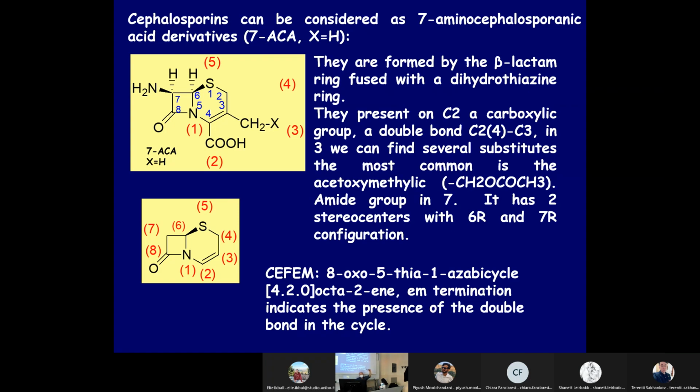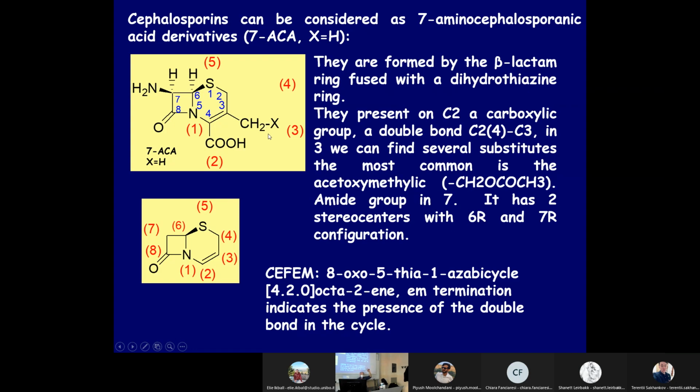So the reactivity of cephalosporins is not due to geometrical conditions, but to the presence of the double bond and the leaving group.